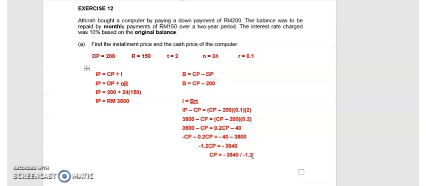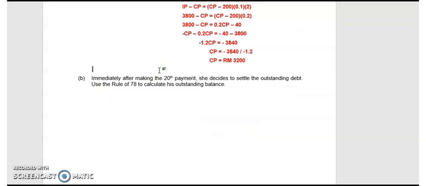So negative divided by negative is positive. Okay, so CP will be RM3200. Okay, so remember logically CP must be lower than IP. Okay, now look at question B.